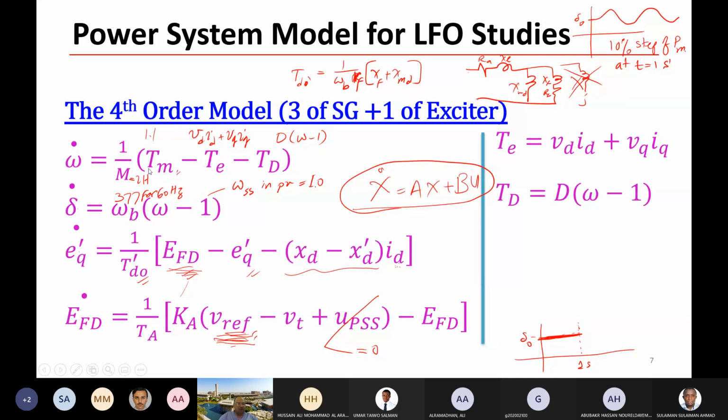How much is the initial value of Tm? It is equal to Tm. Equal to what? Initial value of Tm.